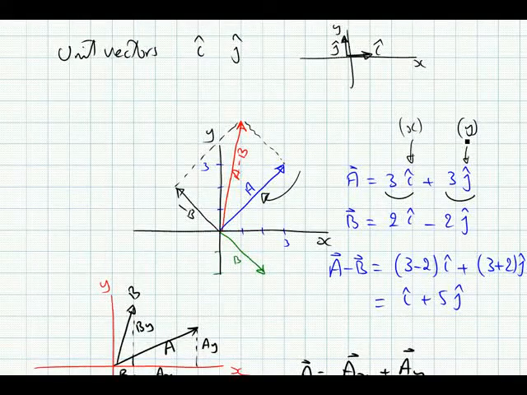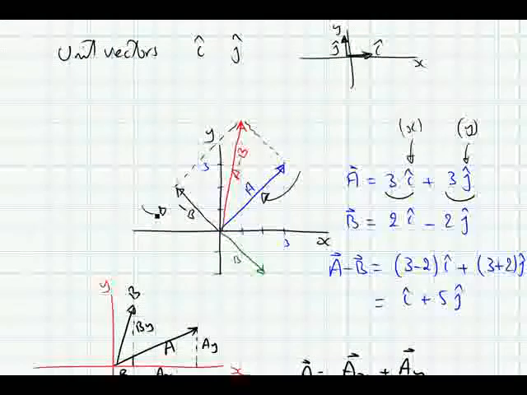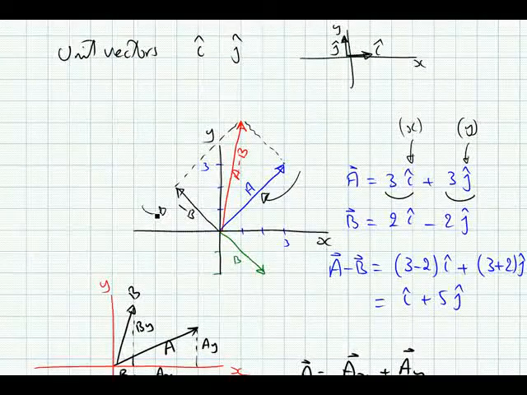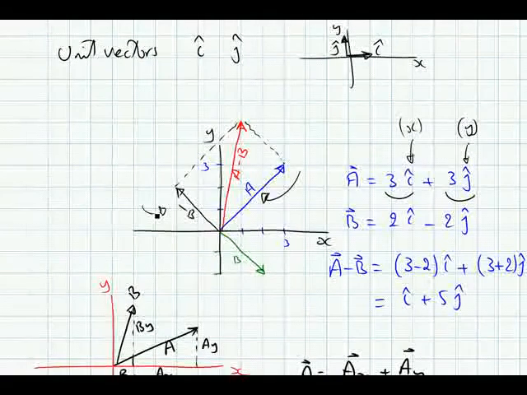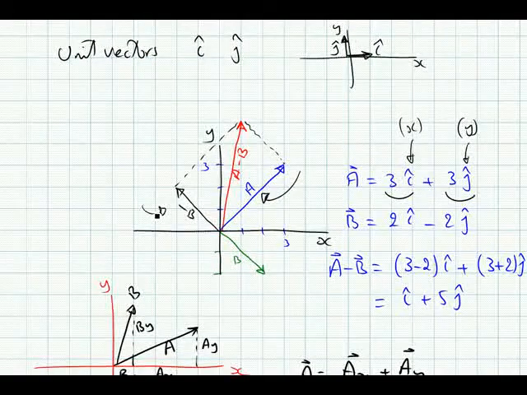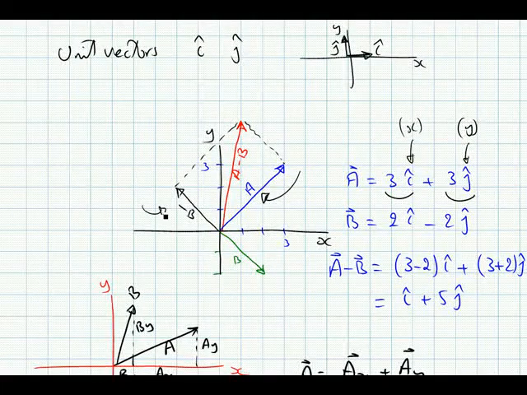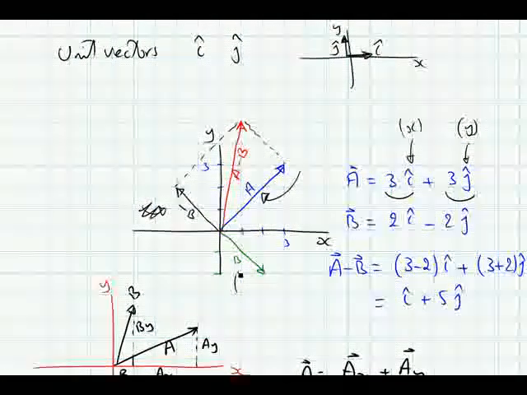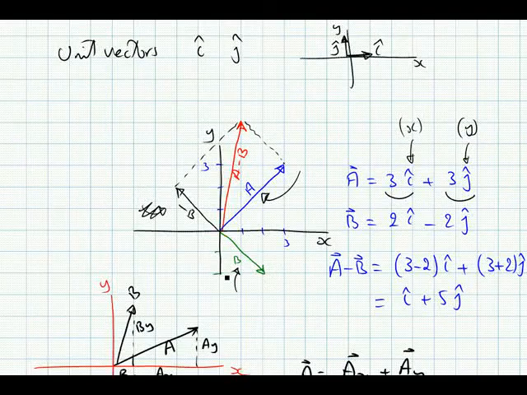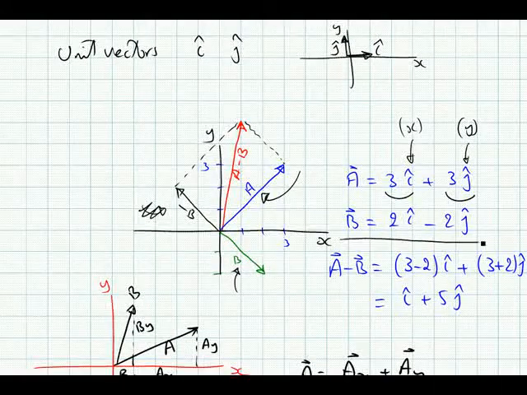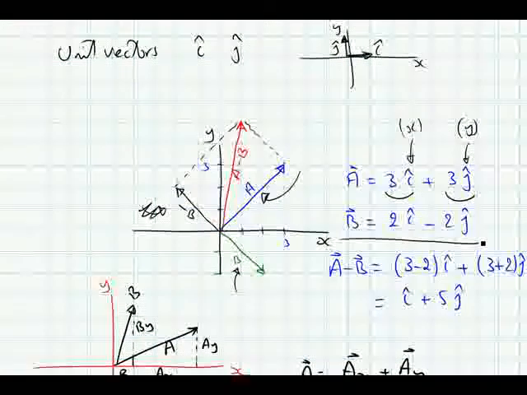Now if you also have a vector B, I'm sorry, the vector B is this green vector down here, which is 2 units long in the i direction and -2 units long in the j direction. So vector B is now written as 2i minus 2j.